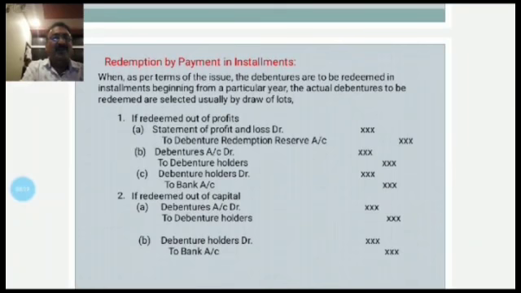The company can pass the journal entries if redeemed out of profits. Statement of profit and loss account debit to debenture redemption reserve account. The second one is debentures account debit to debenture holders account. The third one is debenture holders account debit to bank account. That amount should be credited to the bank account.